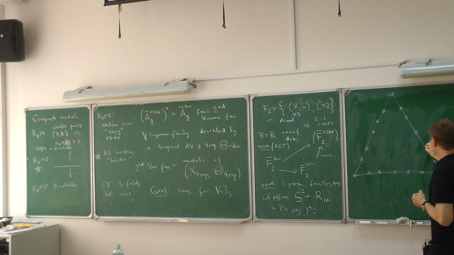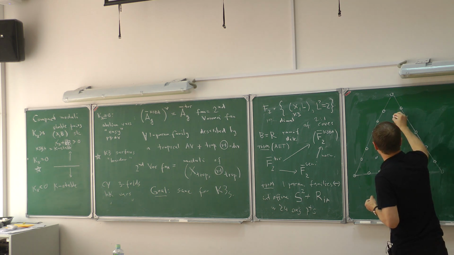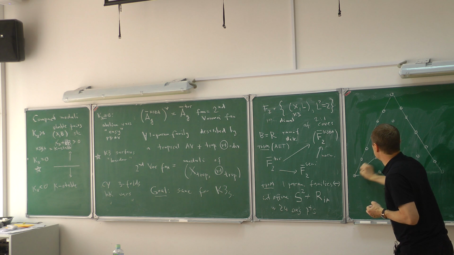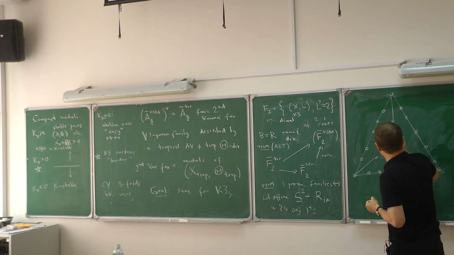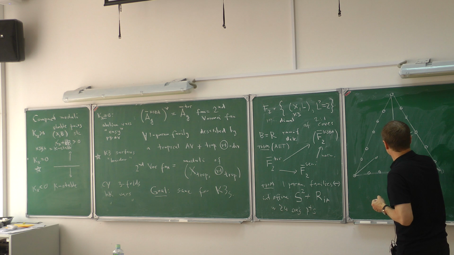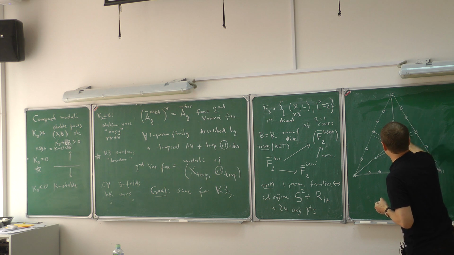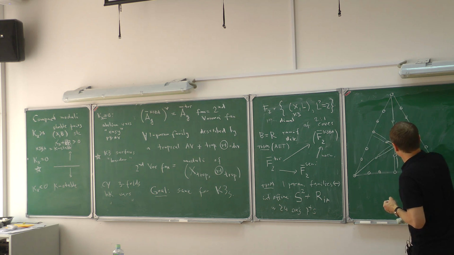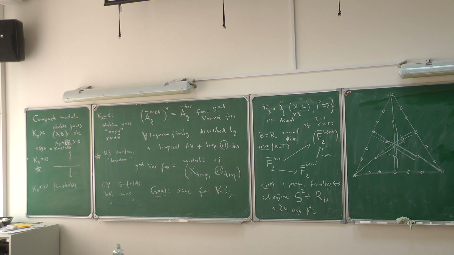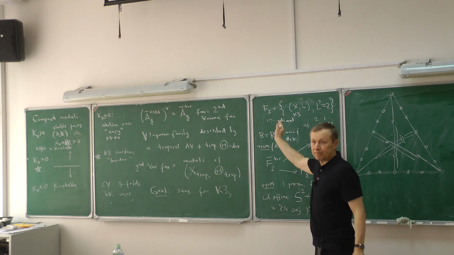These are the first 18. Then there are 3 more. Then there are 3 more. And this is the Coxeter graph for the lattice here.